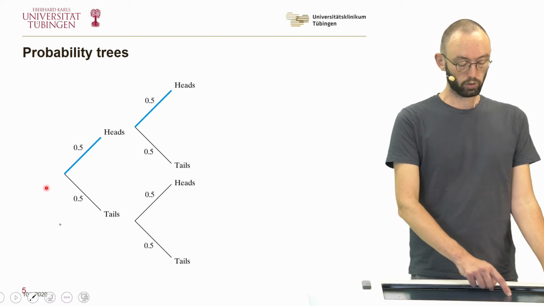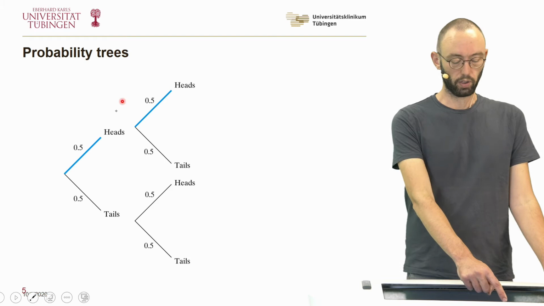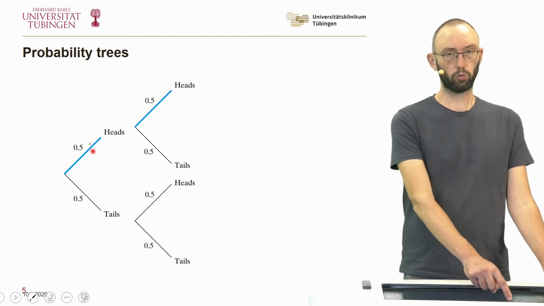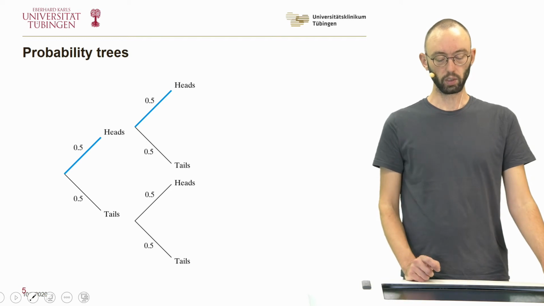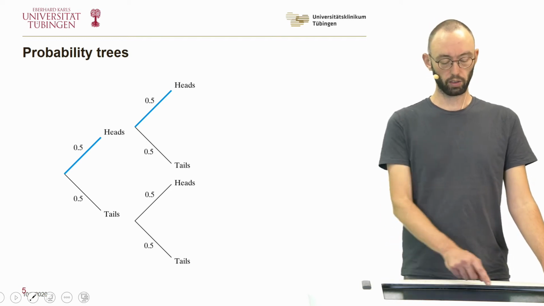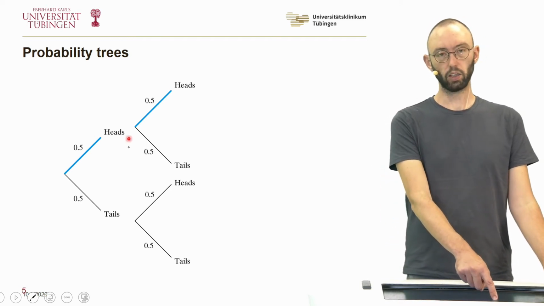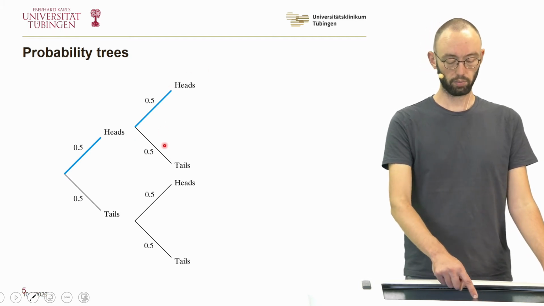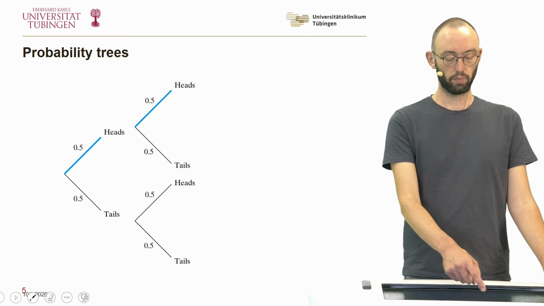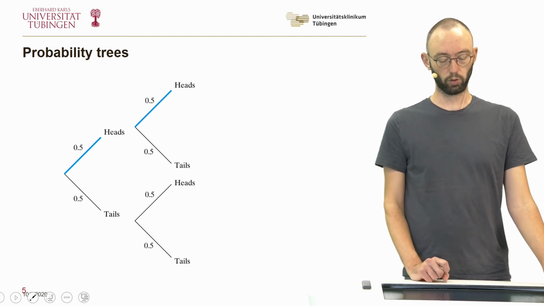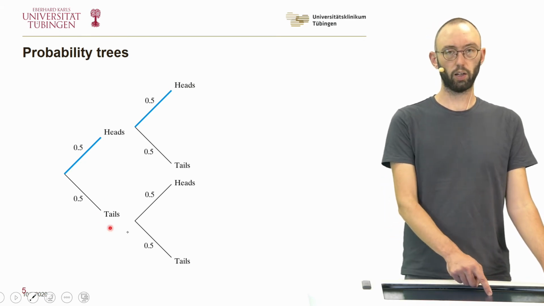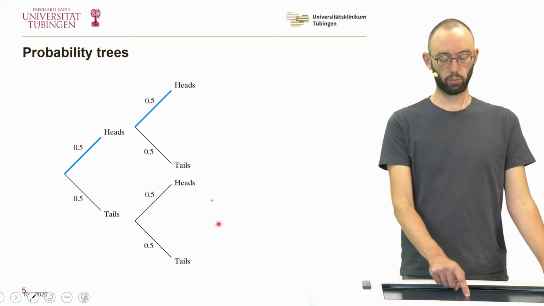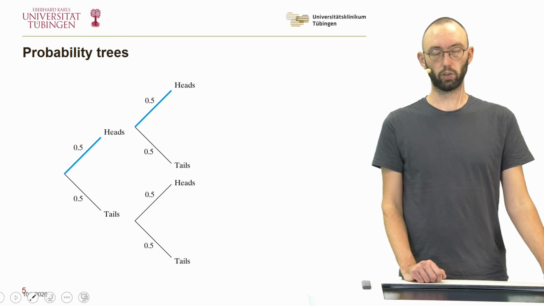So the first coin toss has possible results, heads and tails, each one occurring with a probability of 0.5. The second coin toss can either follow a coin toss that resulted in heads and then again be heads or tails, each again with a probability of 0.5. Of course, after tails has been tossed in the first toss, this is again possible for the second toss as well.